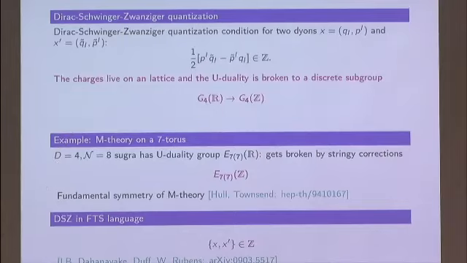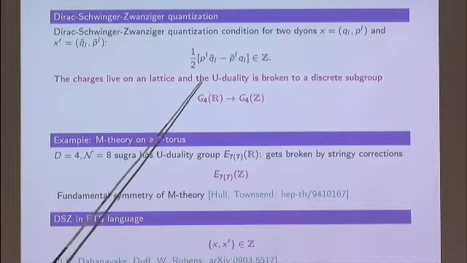When you have electric and magnetic charges, Dirac told us that we have a quantization condition. And when you have dyons, which carry both electric and magnetic charge, you have what's called the Dirac-Schwinger-Zwanziger quantization condition. If they have electric charges q and p, then pq tilde minus p tilde q has to be an integer.